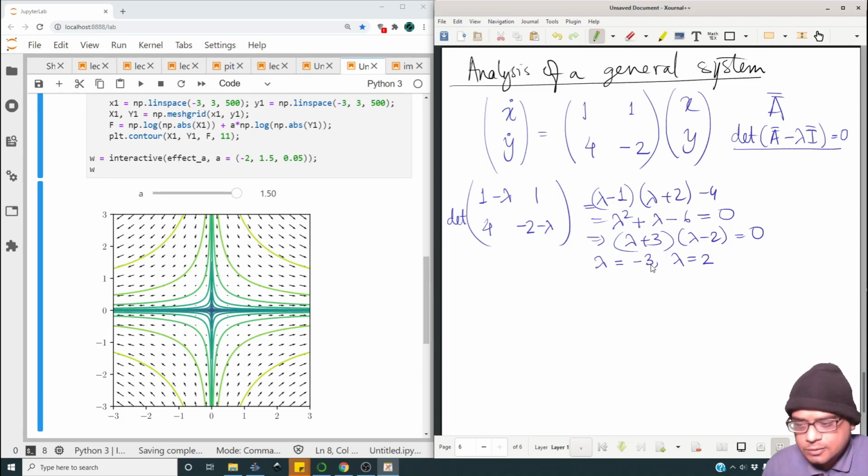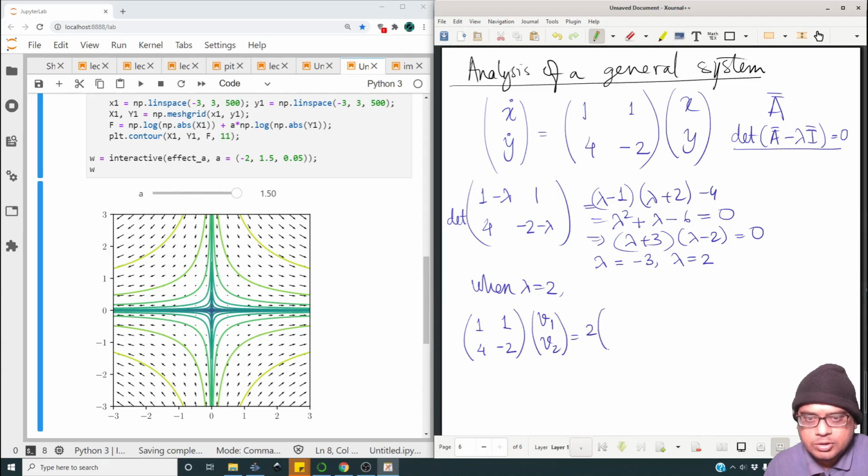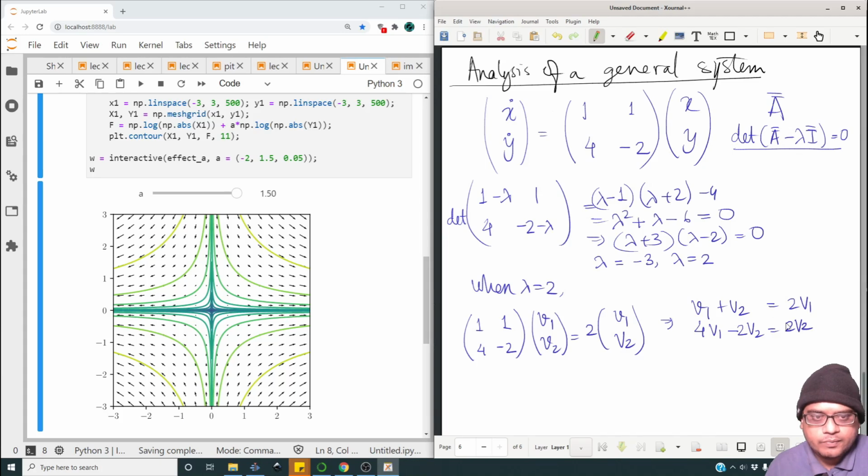So when lambda equal to 2, what are the eigenvectors? The eigenvectors satisfy the matrix 1, 1, 4, minus 2 times v1, v2 equal to 2 times v1, v2. This implies v1 plus v2 is equal to 2v1 and 4v1 minus 2v2 equal to 2v2.